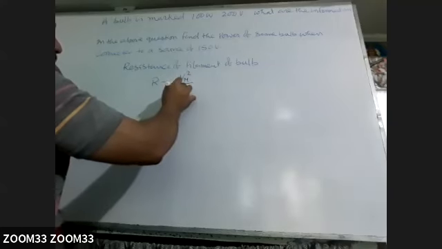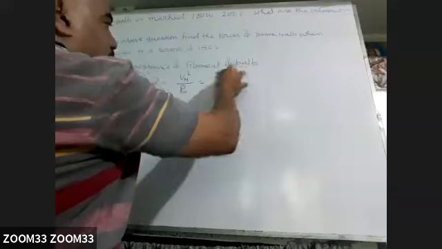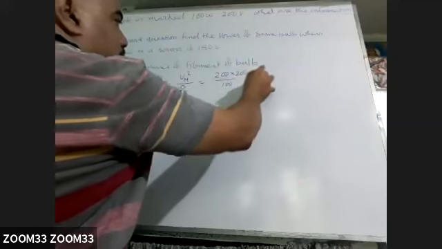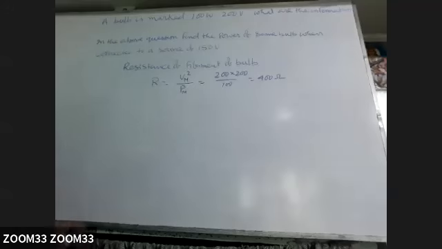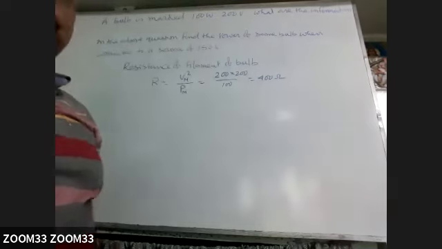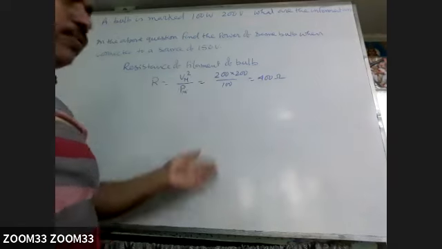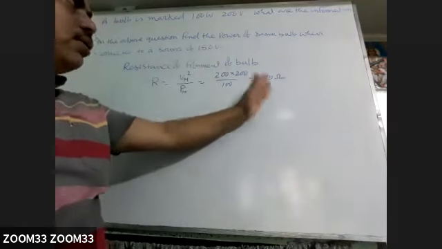So here we take the marked voltage squared by the marked power. So it is 200 into 200 by 100, which is 400. 400 ohm will be the resistance of that filament, and it will not be affected by the source voltage. Whether you are connecting a source of 50 volt or 100 volt, this is not going to change.